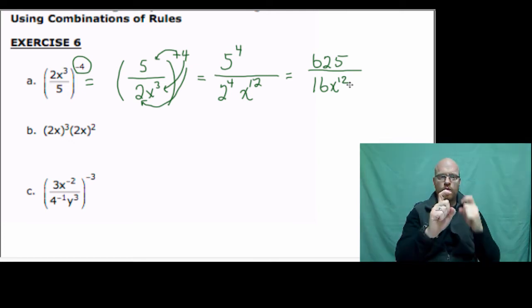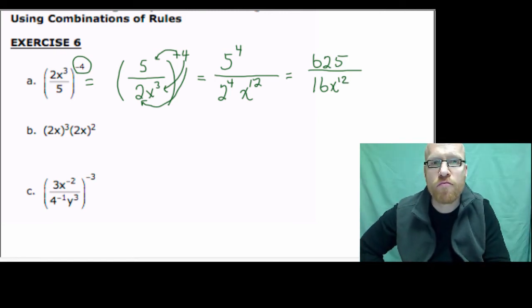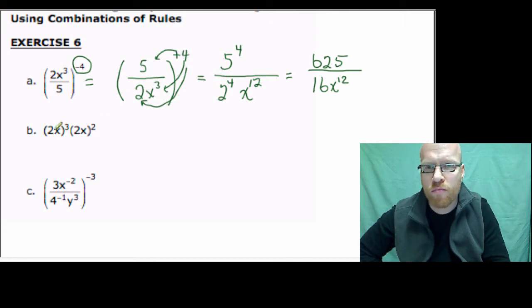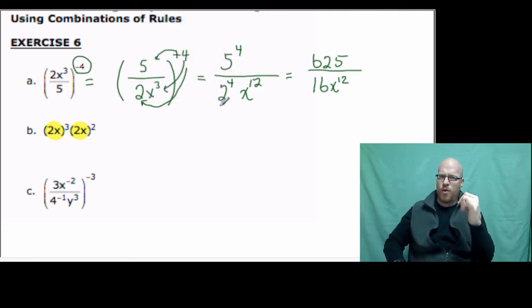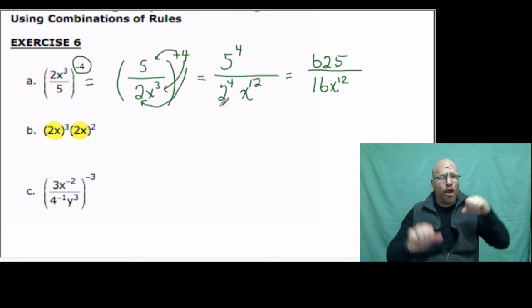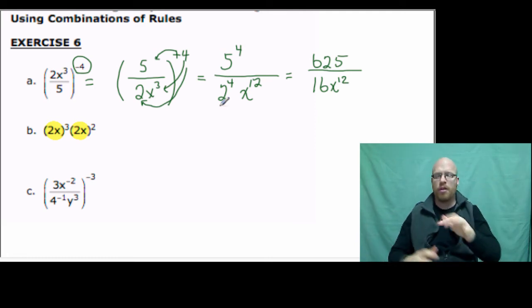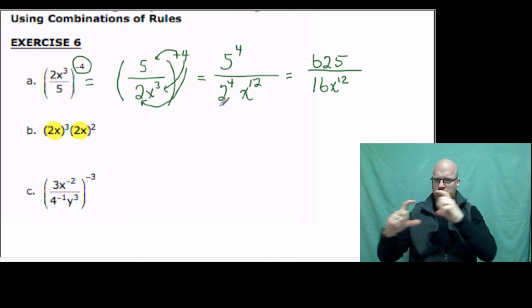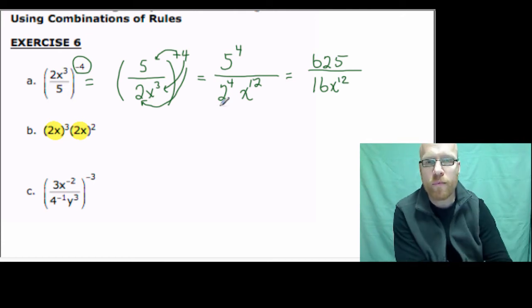2x raised to the third and 2x raised to the second, squared. Notice we have parentheses. Let's look at something here. Okay, 2x and 2x, they're the same base. So I could take the power rule and apply the 3 in the parentheses and then the 2 separately and then work everything out and get the same answer, or realize simply that 2x and 2x have the same base. Now here's what that means.